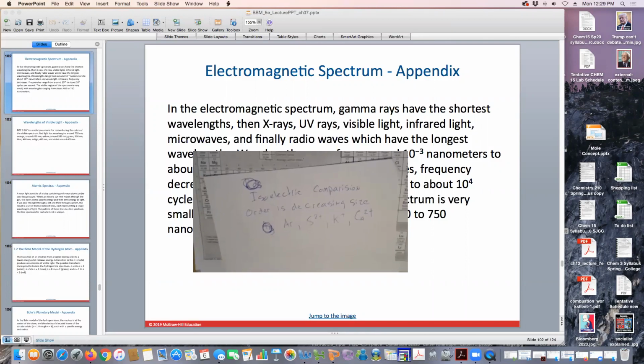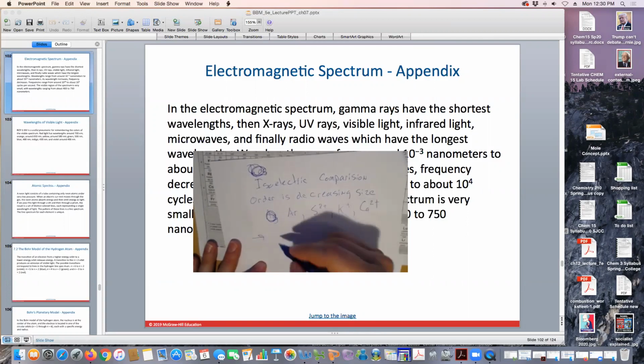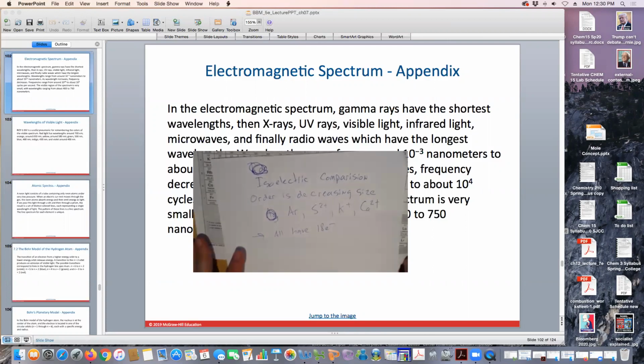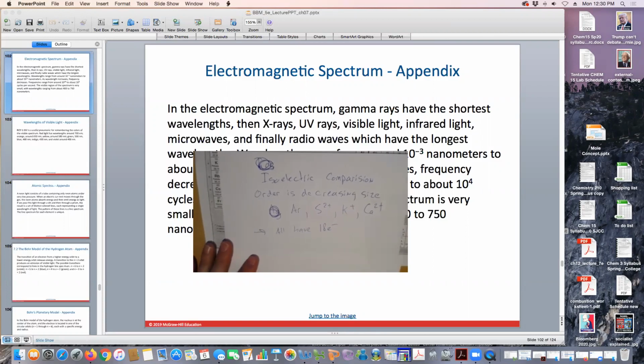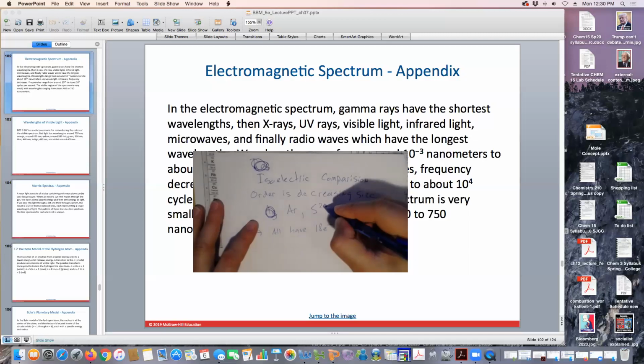And so for these, you'd have to say they all have 18 electrons. So we want decreasing size. Which one's going to be the biggest? That shouldn't be sulfide 2+, that should be sulfide 2-, excuse me.